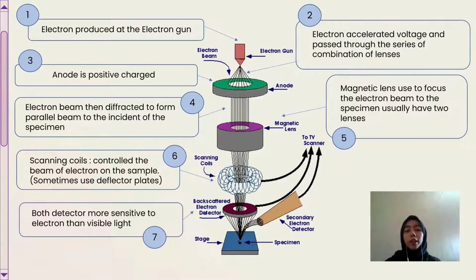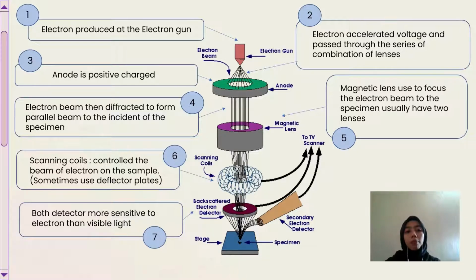Magnetic lenses are used to focus the electron beam onto the specimen at a spot about 0.4 nanometer to 5 nanometer in diameter. Magnetic lenses usually consist of two, which are the condenser lens and the objective lens. The reason for using magnetic lenses is because electrons have charge that is influenced by a magnetic field.